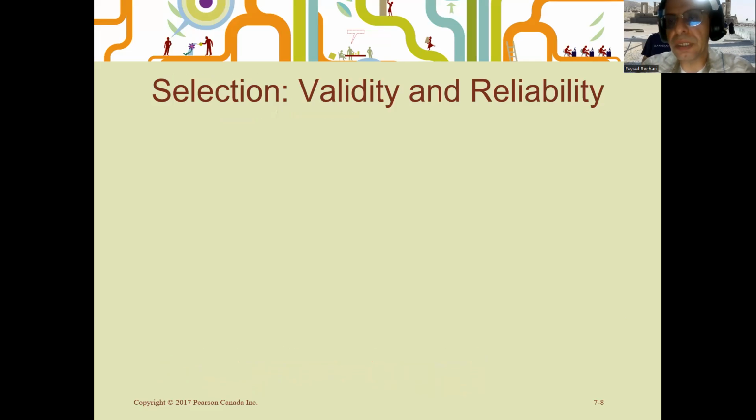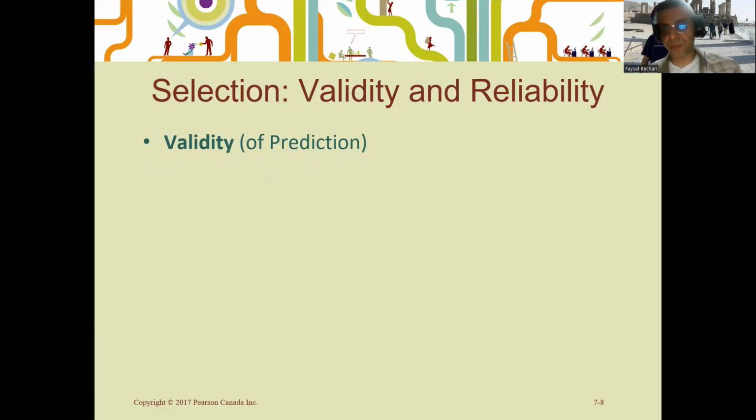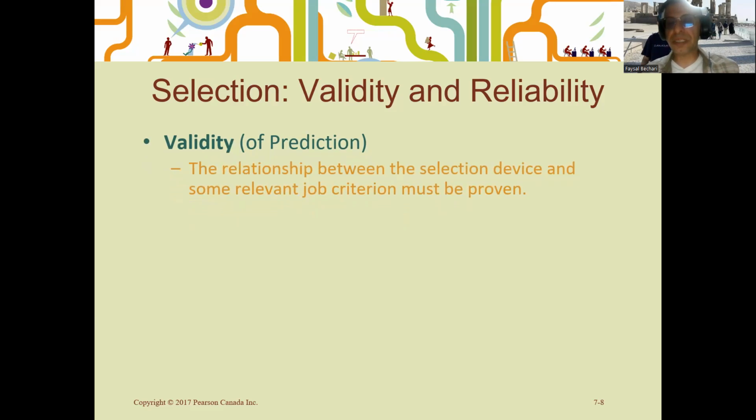Validity and reliability are used in many scientific approaches. Anytime you do an analysis, you could do a cause and effect, you need to do a validity and reliability check, and validity of predictions. The relationship between the selection device and some relevant job criterion must be proven. So there is always 1 + 1 = 2. That relevance is always there.